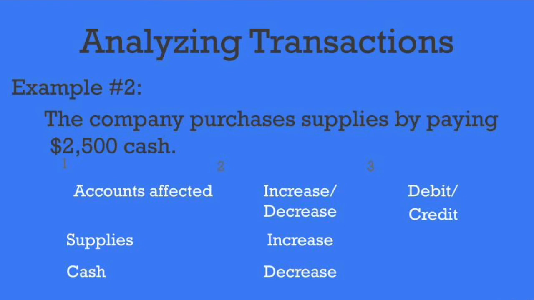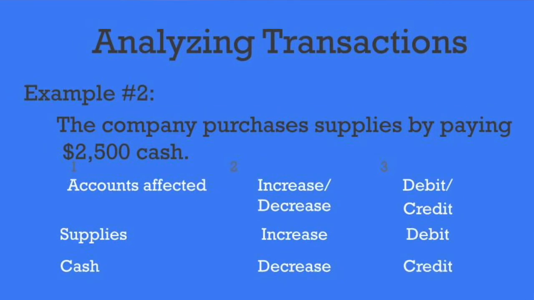The amount of supplies goes up, and the cash would go down because we spent $2,500. So effectively, supplies would increase by $2,500, and cash would decrease by $2,500.